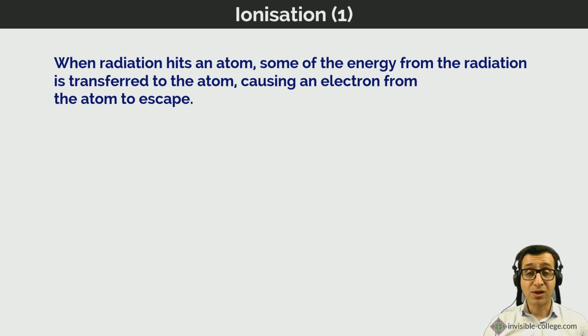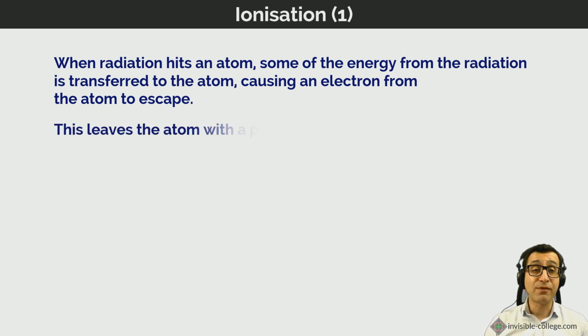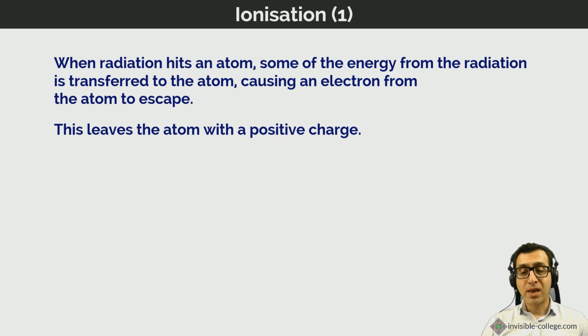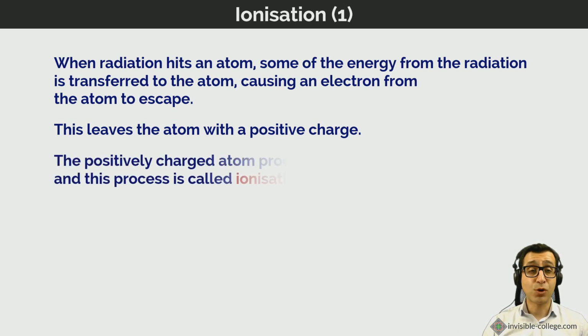Now, because atoms start off electrically neutral with the same amount of protons and electrons, if you remove an electron from an atom, you're essentially creating an atom which has one more proton than it has electrons, and so this leaves the atom with a positive charge. When an atom becomes positively or negatively charged, it is no longer referred to as an atom, it's referred to as an ion, and so this process is called ionization for that reason.